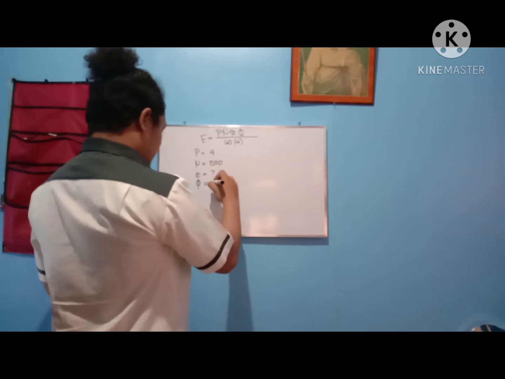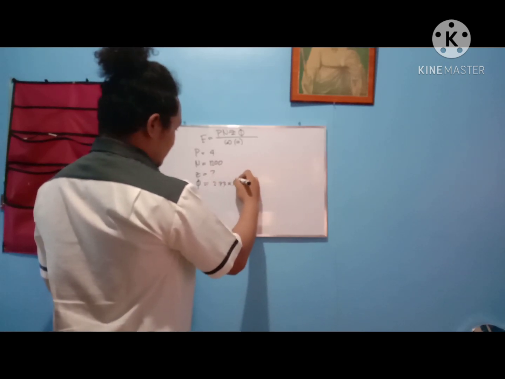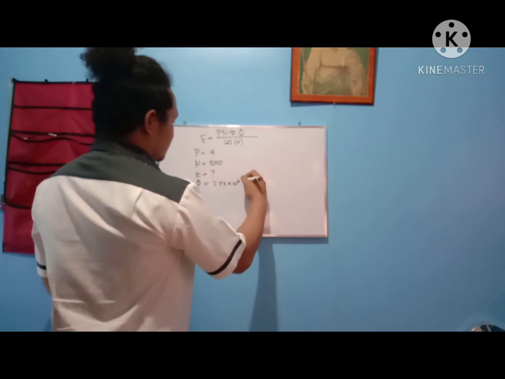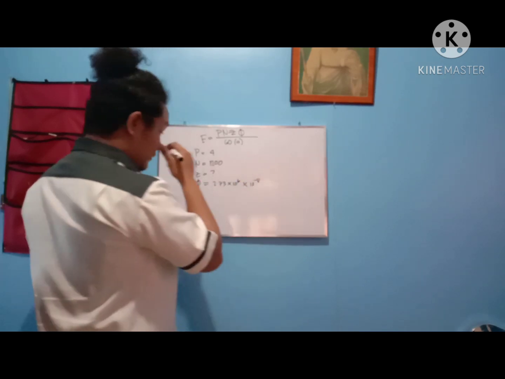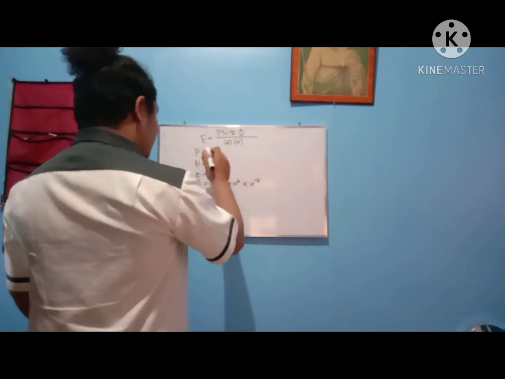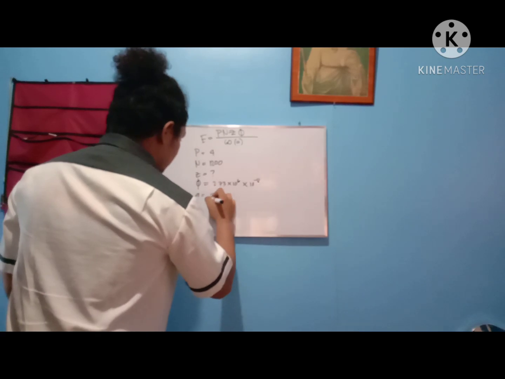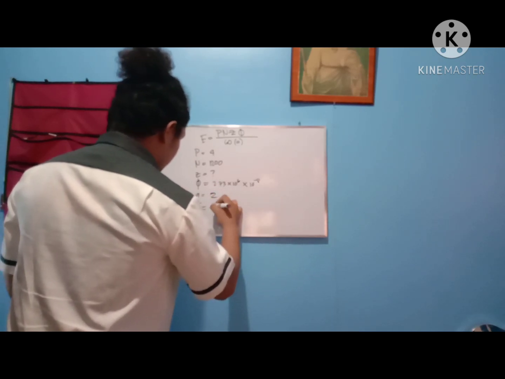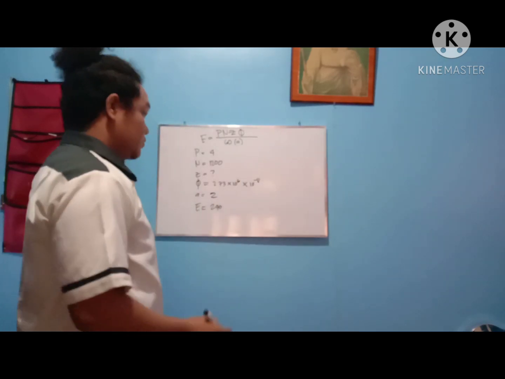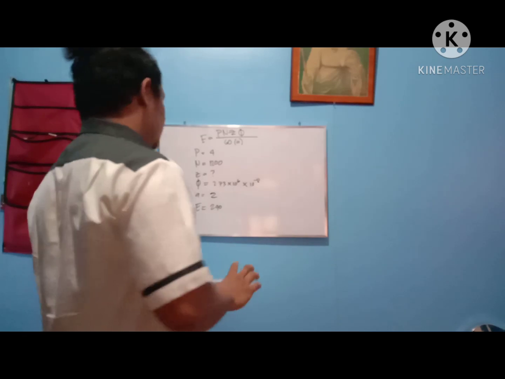The flux is equal to 2.73 times 10 to the 6 Maxwell, so we convert it into Weber. We have A equals 2 and the generated EMF equals 240. So we simply substitute this into our problem.